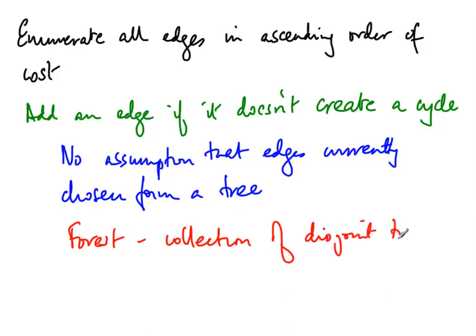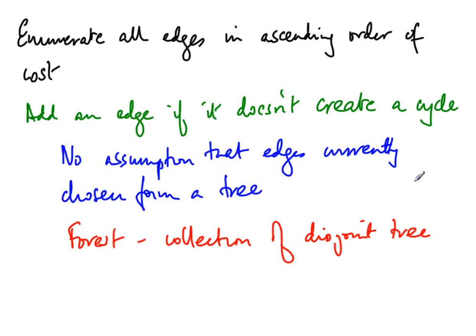So we don't actually have a tree at any intermediate point, but eventually these forests will combine together, and they will be linked by edges which cross from one tree in the forest to another tree in the forest. And in the end, Kruskal's algorithm will actually produce a single tree for us.